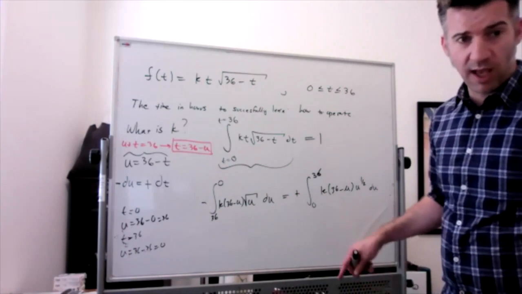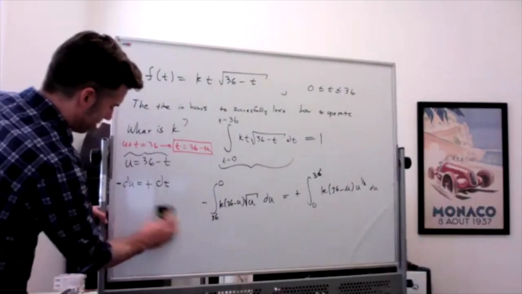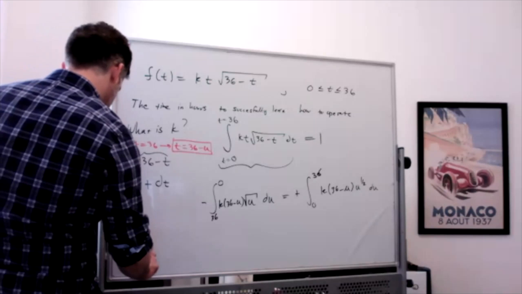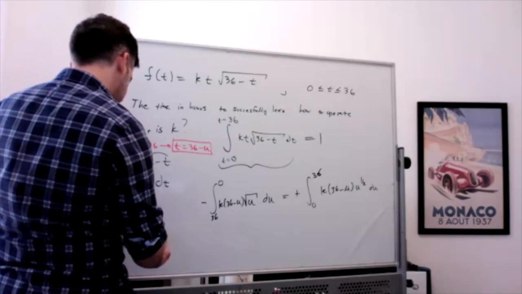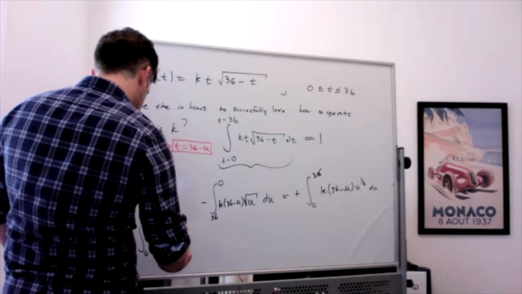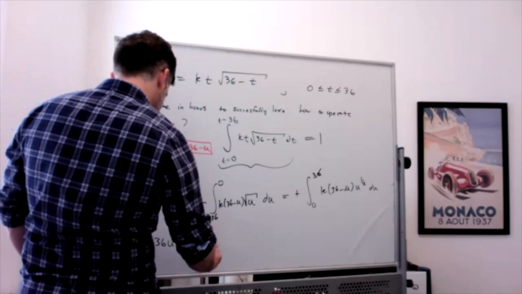We can distribute the u to the 1/2, we can factor out the k. I'm going to erase this over here. This is equal to k times the integral from 0 to 36 of 36 times u to the 1/2 minus u to the 3/2.